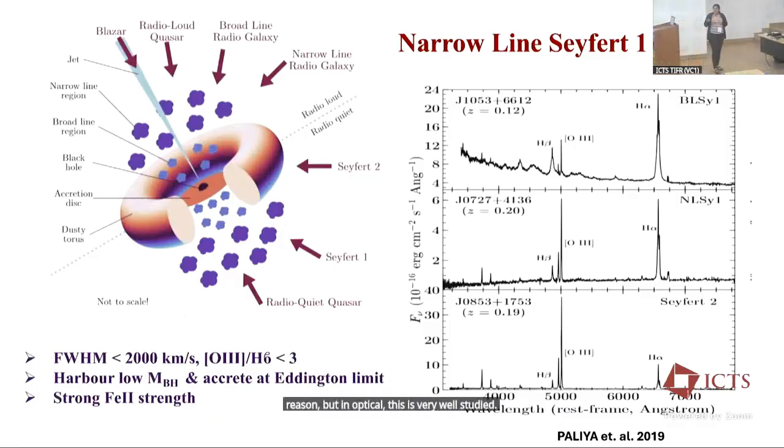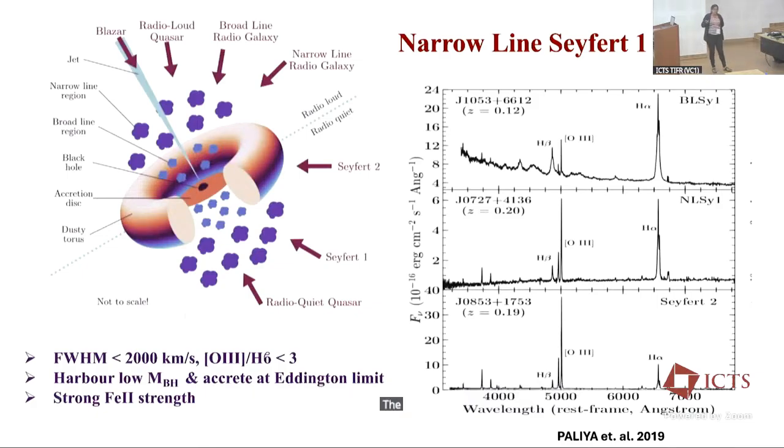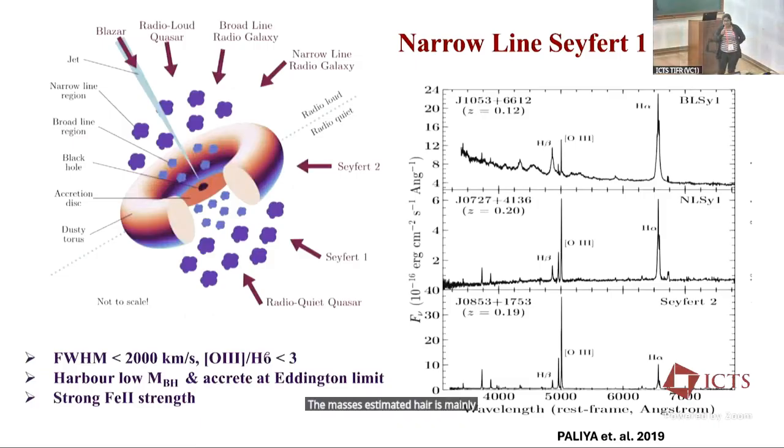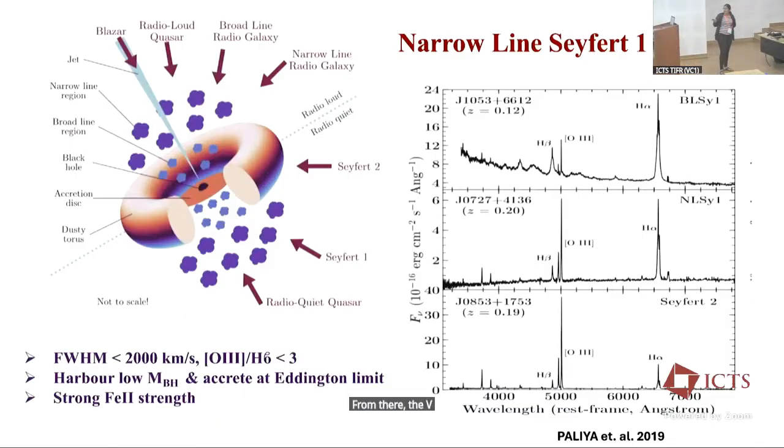Another thing is that they actually accrete at the Eddington limit and harbor low mass black holes. Now this property of having low mass black holes, the masses estimated here are mainly from the virial mass. As we know, the virial mass is simply the mass equals to mv square, the simple formula. From there, the v square part comes from the FWHM of the H beta line.